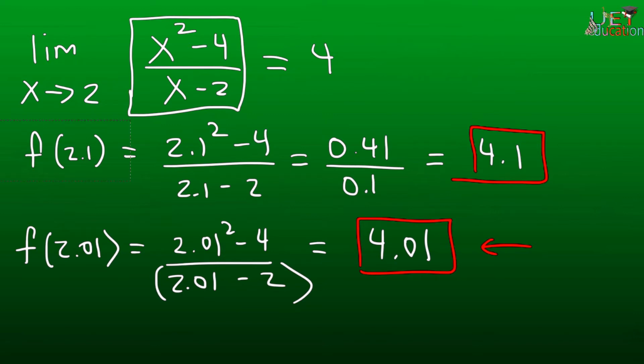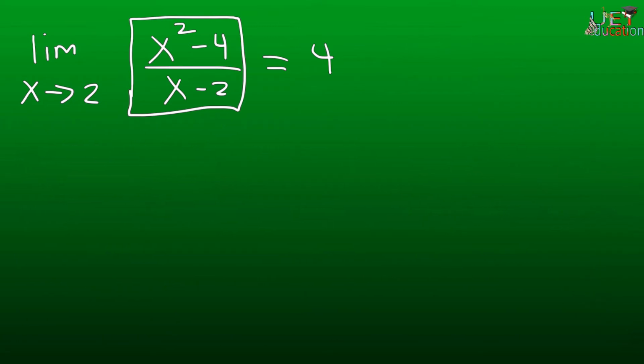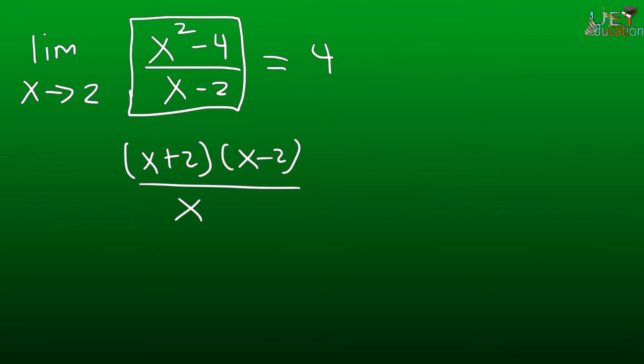Now sometimes you have to use other techniques to get the answer. In this particular example, we could factor. x squared minus 4, you can write it as x plus 2 times x minus 2. Now we need to rewrite the limit expression until we replace x with 2. Now notice that we can cancel x minus 2.